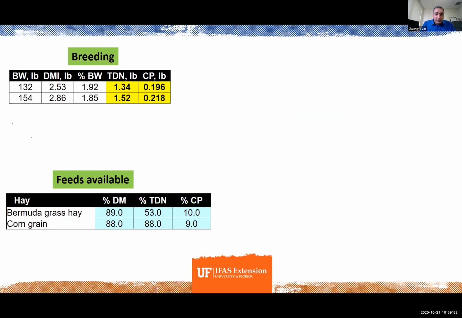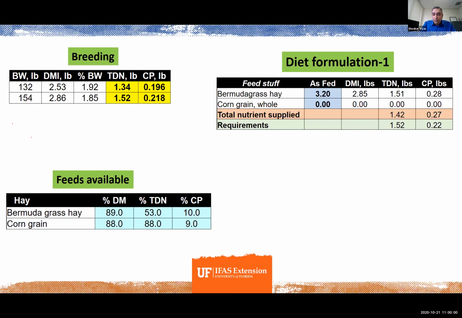So again, these are the requirements for breeding. The same feeds available, Bermuda grass hay, corn grain. This is my first formulation where I'm just adding Bermuda grass hay, okay? If I provide 3.2 pounds of hay, I'm getting 2.8 pounds of dry matter intake.